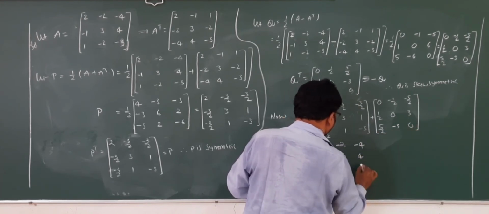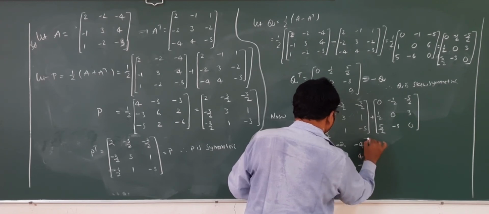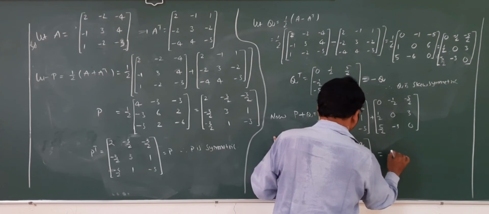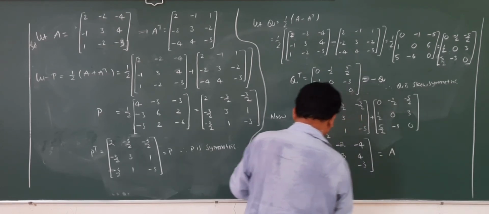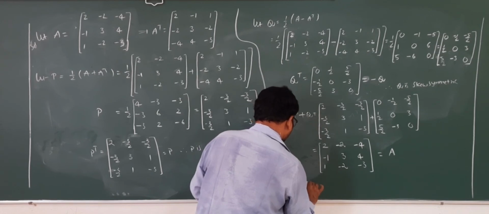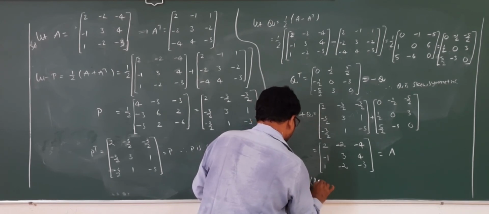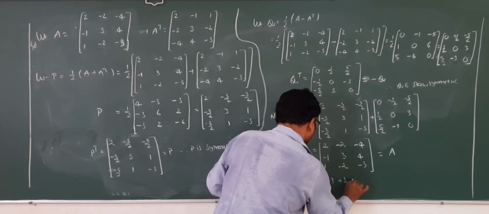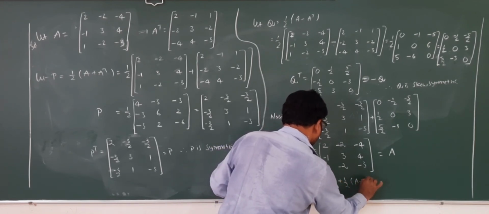Minus 3 plus 0, the value is minus 2. We get the matrix A. Therefore, A can be expressed as the sum of a symmetric and a skew symmetric matrix: 1 by 2 (A plus A transpose) plus 1 by 2 (A minus A transpose).